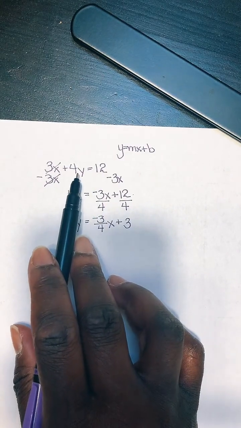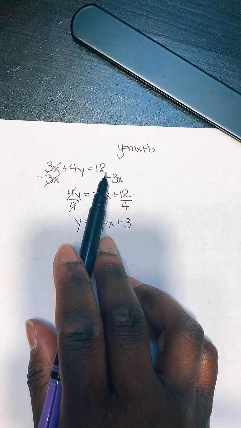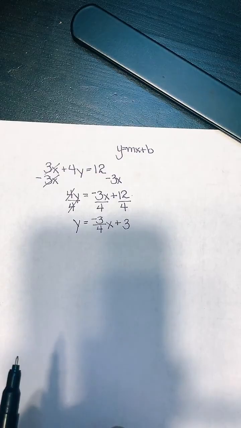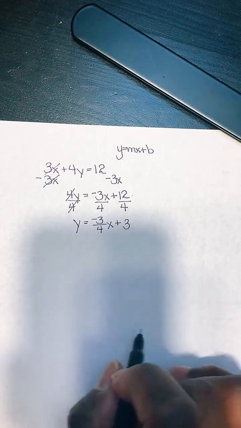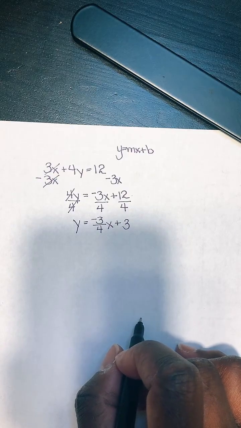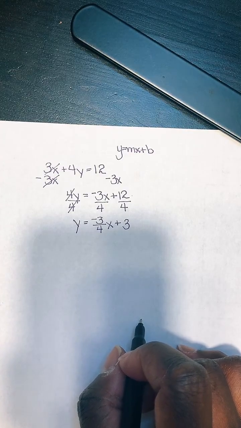The goal is to get y by itself, not the 12. Okay? It's a very long process. Well, this is two different processes. The first one did with the intercept, and then this one we're doing with the equation line. Because the 12 is by itself, it said 12x, you would subtract. Okay.